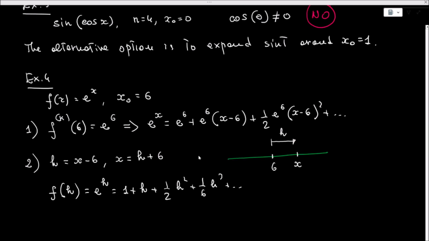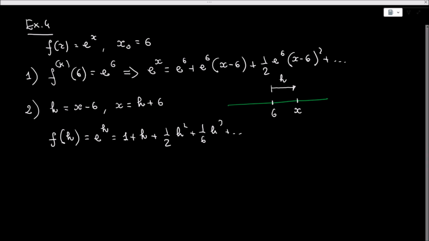And now, by just replacing h with x minus 6, we have 1 plus... what we want to do now is replace h with x minus 6, so we have f of x minus 6.